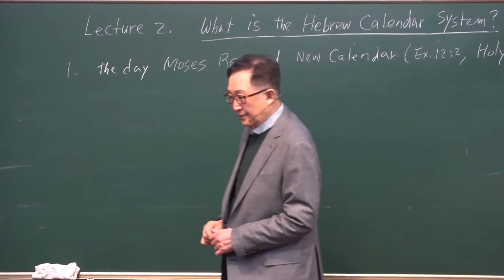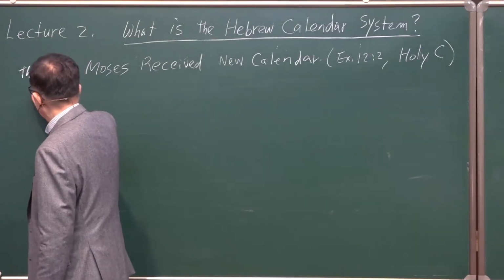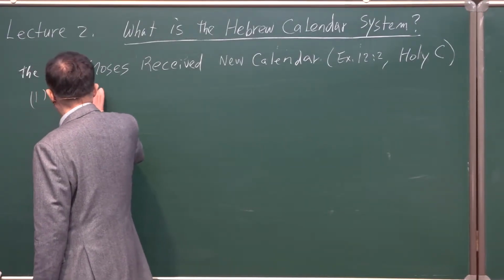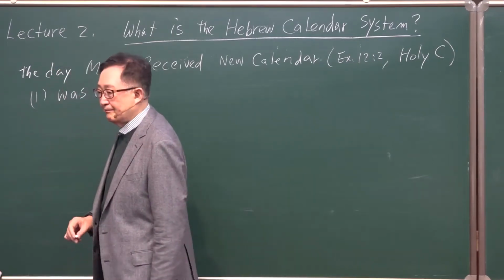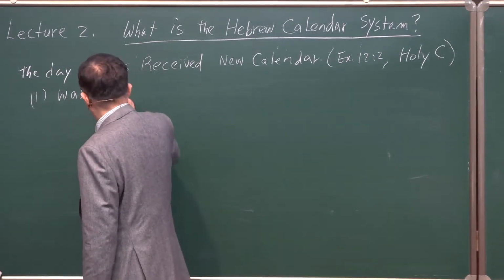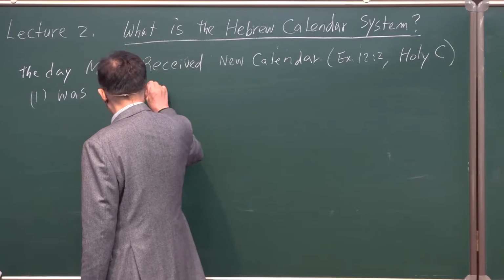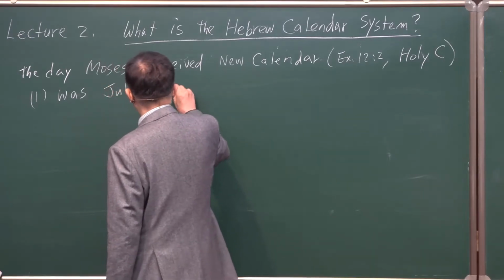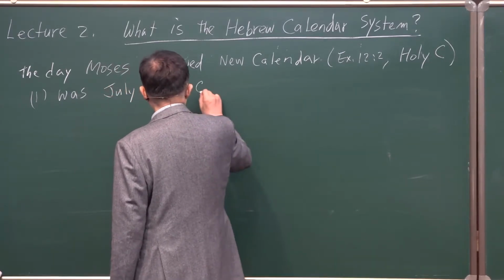The Holy Calendar was July 1st in the civil calendar.